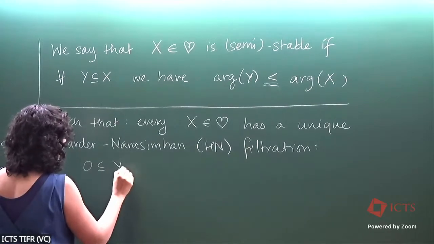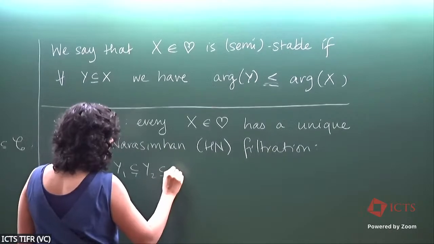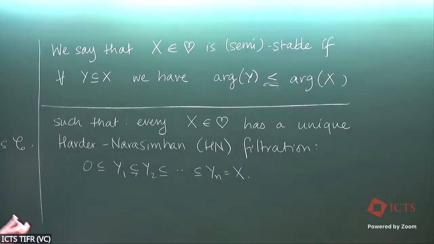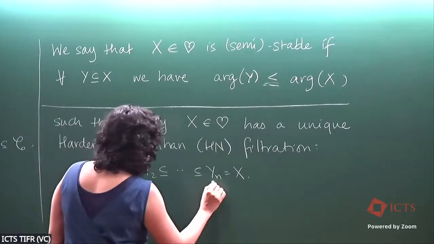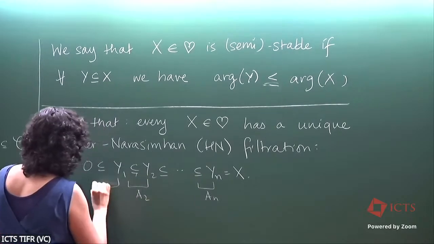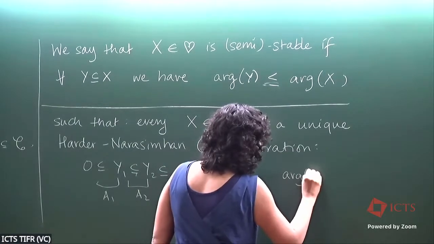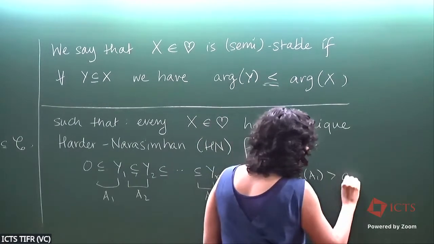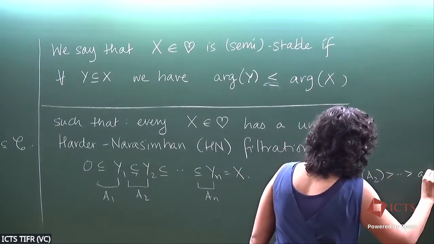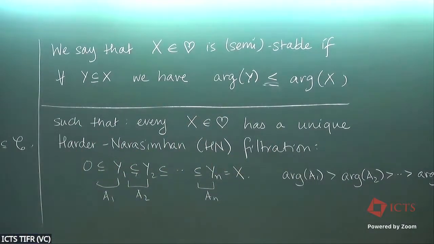Again, I'm stating this only for the abelian objects, but secretly the same notions hold for all objects. The subquotients are such that the argument of A1 should be strictly bigger than the argument of A2, and so on. Again, this will be familiar if you work with slope stability.